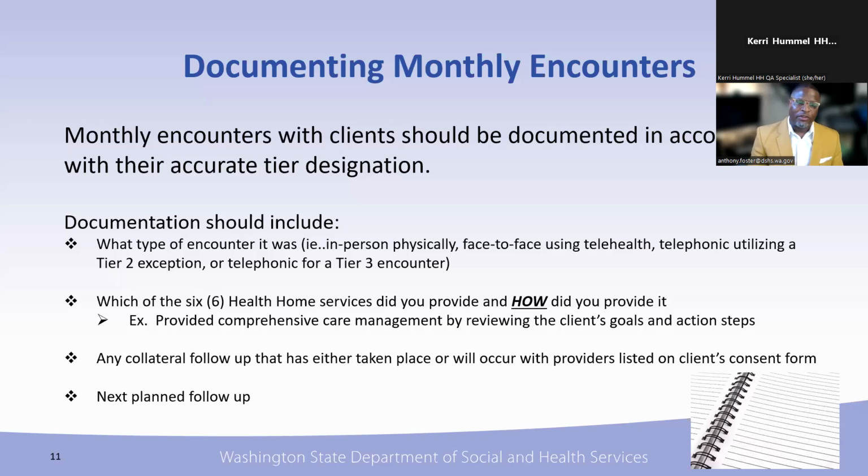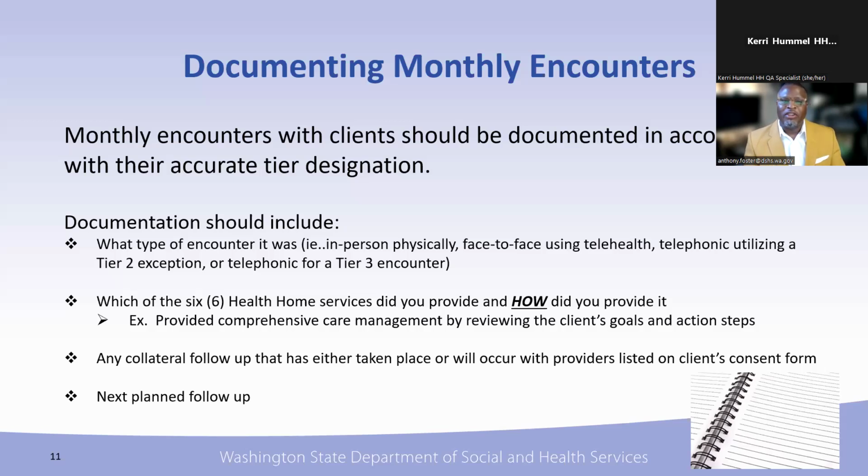So I gave you a little example. If you provided comprehensive care management, we'll just say Anthony provided comprehensive care management by reviewing the client's goals and action steps. The client is still working on their goals that are currently set and will continue to move forward with those. Care coordinator will continue to provide supports in that regard. That's my synopsis of how I would have documented it.